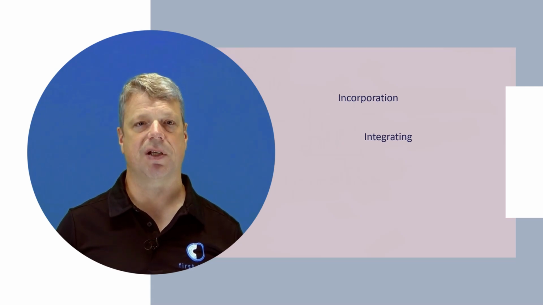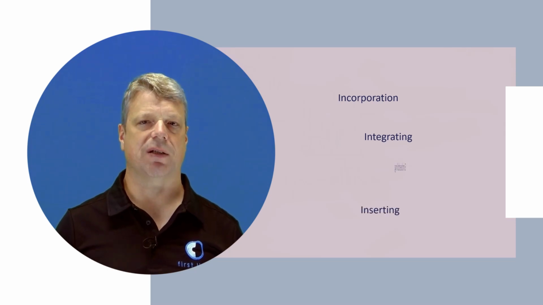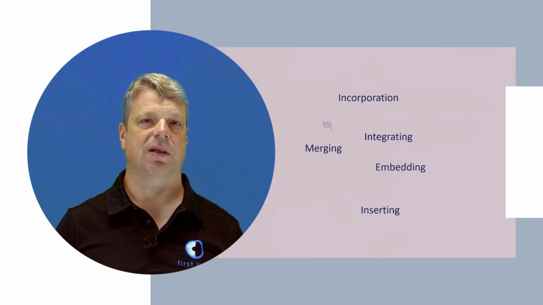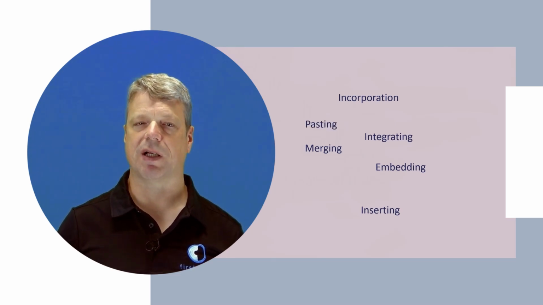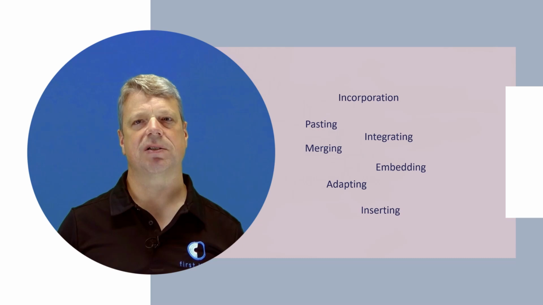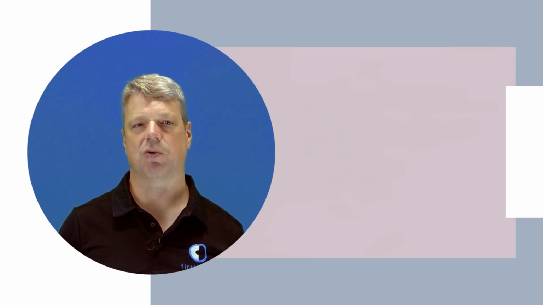Alternative terms here that are used are inserting or embedding. Merging, which is combining two different pieces of software. Pasting, in other words, copying and pasting parts of one piece of software into another. And adapting, adjusting a part or the whole of one piece of software with or without external code.